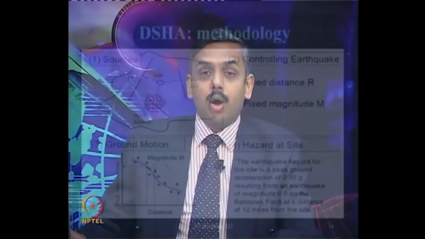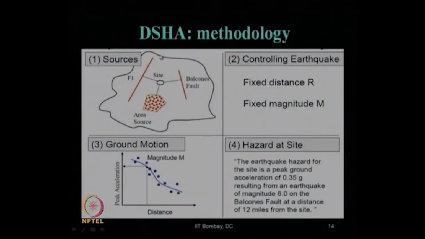Now, let us see pictorially how all these 4 steps which I have mentioned just now look. So, the DSHA methodology involves these 4 steps: step 1, step 2, step 3 and step 4. Step 1 is identification and characterization of sources. Suppose this is your proposed site, you may have several types of faults close to that.